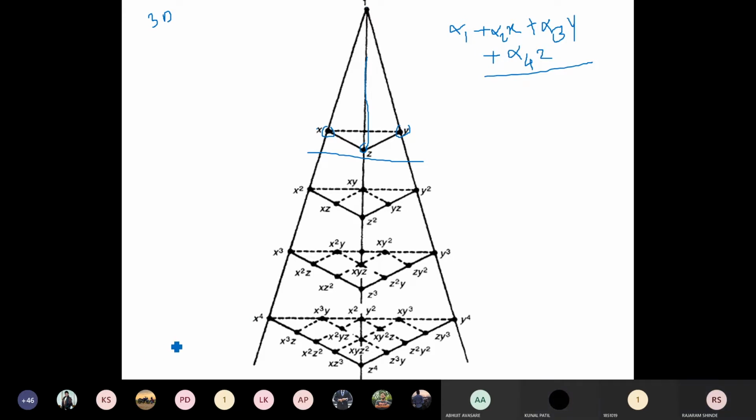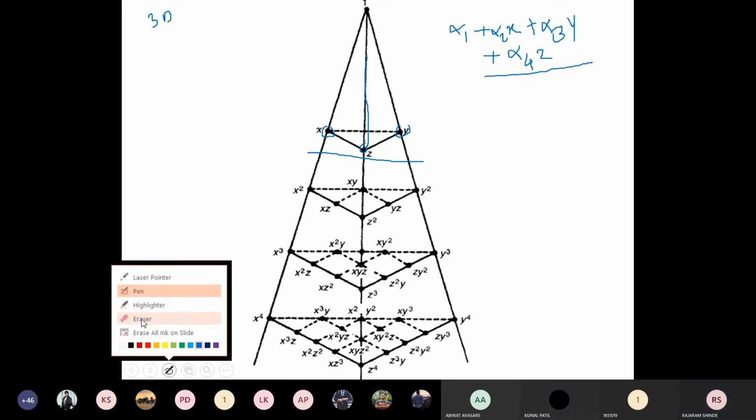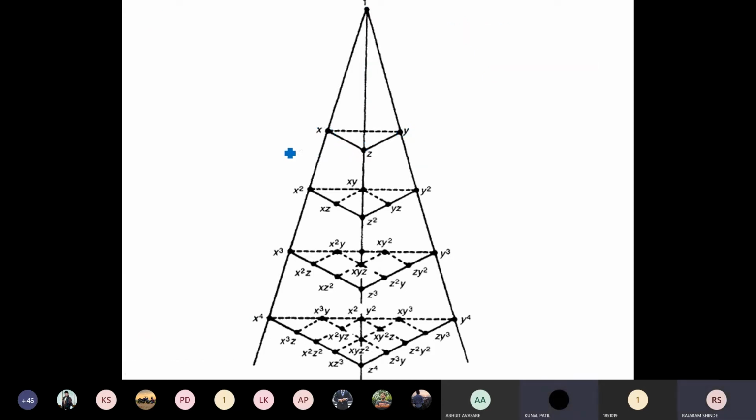Okay, next one, if we go for the cubic element, now the quadratic three-dimensional element. Here you have to consider this tetrahedron.